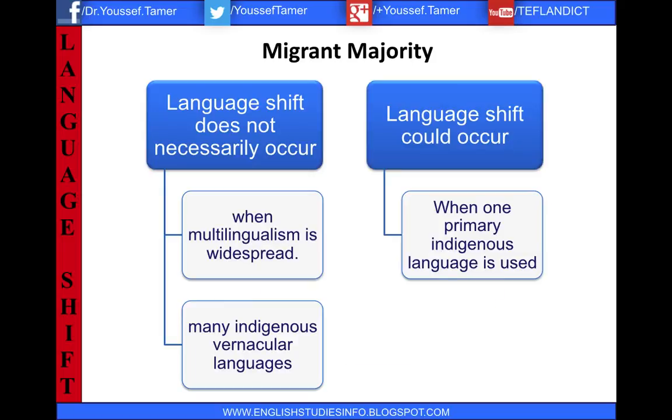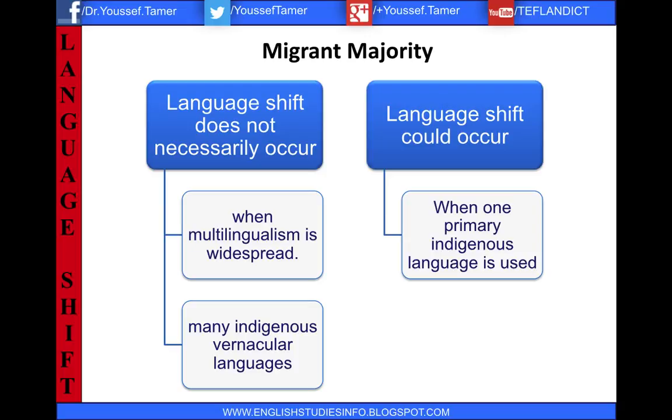Now, in this context as well, we can have situations of language shift. Language shift does not necessarily occur, or language shift could occur. Language shift could occur when one primary indigenous language is used in the place they have colonized, there is only one language being used.